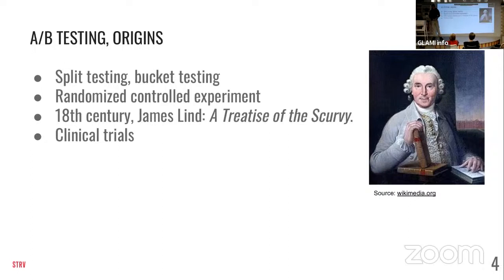He actually did some very cruel experiments, and some people eventually had to pass away. It was basically sailors who were affected by this disease. So this is really old.